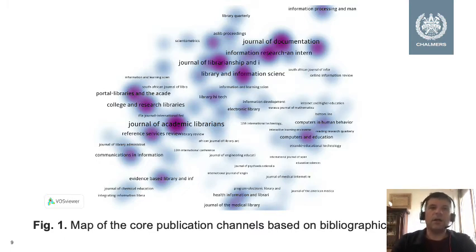Based on this relation between documents, we have here the distance, or the closeness, between journals, and also based on the number of links in the network, we see the core journals defined by a darker color in the network.